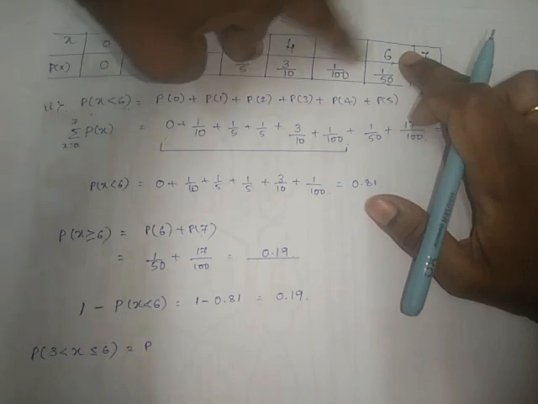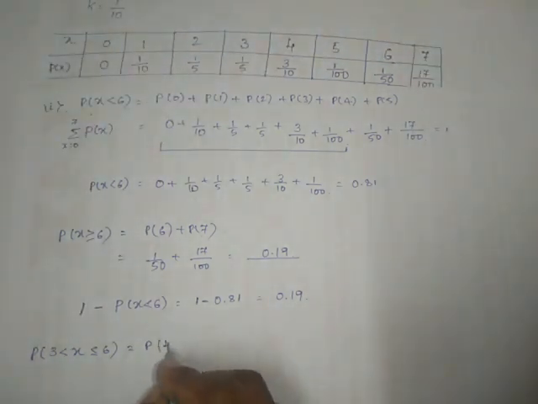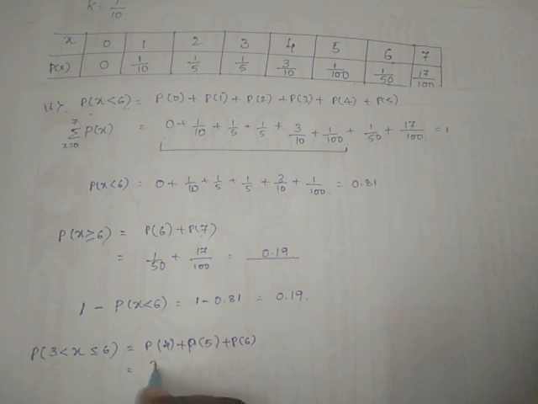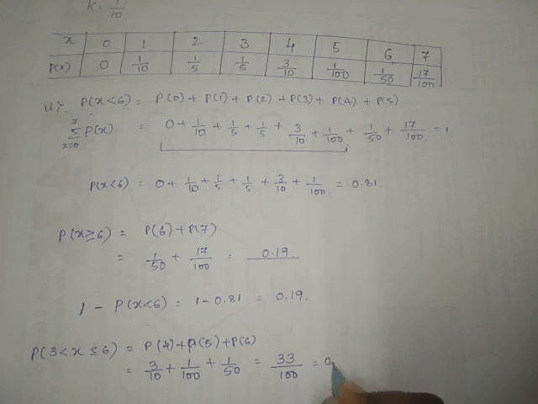So 4, 5, 6, which is equal to P of 4 plus P of 5 plus P of 6, which is 3 by 10 plus 1 by 100 plus 1 by 50, which is equal to 33 divided by 100. It is equal to 0.33. I have already calculated, so I am writing it directly. You can verify it using your calc. Fine.